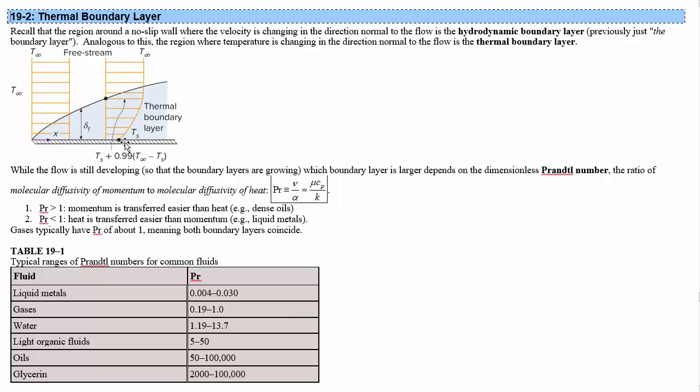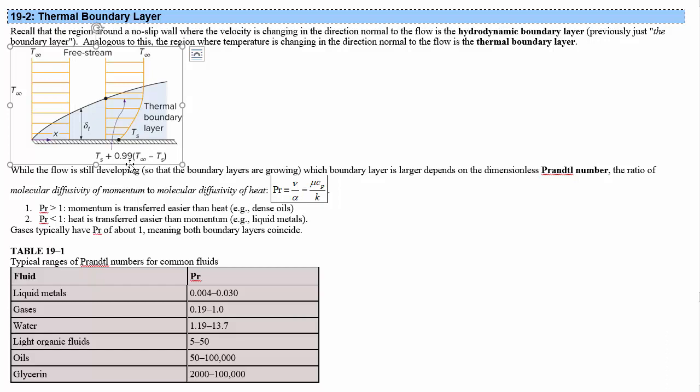As you move away from the surface, the temperature of the fluid is going to be affected less and less by that surface temperature. So at some point, it basically is just the free stream temperature still, not affected by the surface at all. The point where the temperature becomes 99% towards the free stream temperature compared to the surface temperature, which would be this one, Ts plus 99% of T infinity minus Ts.